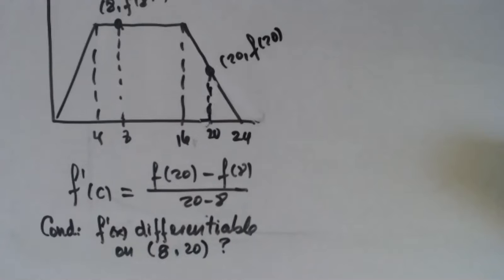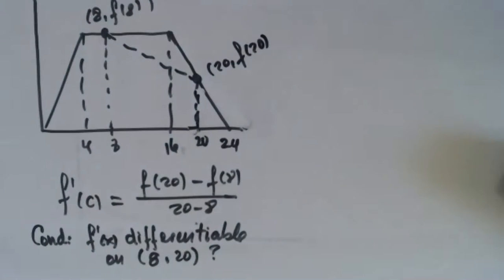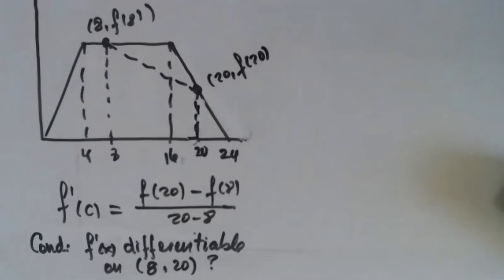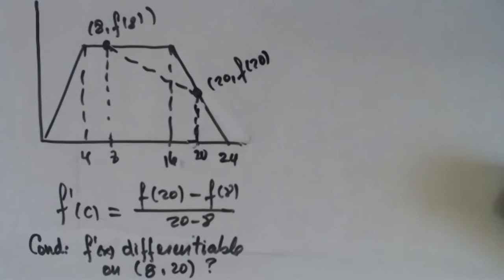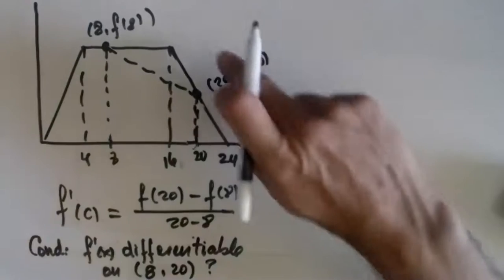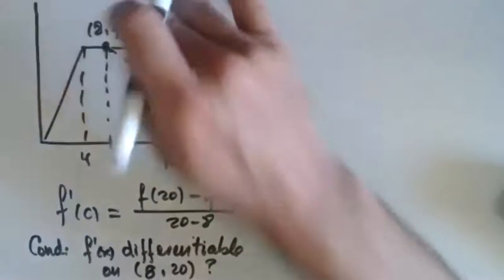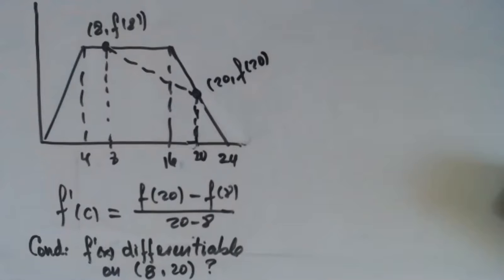Question: is the function differentiable in (8, 20)? This is the secant you're going to calculate. Is there a point where you have a parallel tangent line for that? What do you think? No, yes? No. Yes.